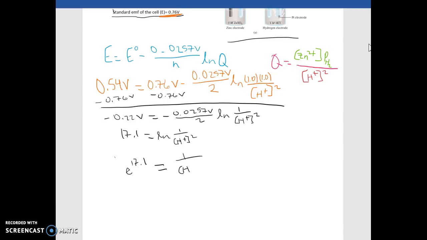So we're going to have the concentration of our hydrogen ion squared. Then what we have left to do is again solve for our hydrogen ion concentration.